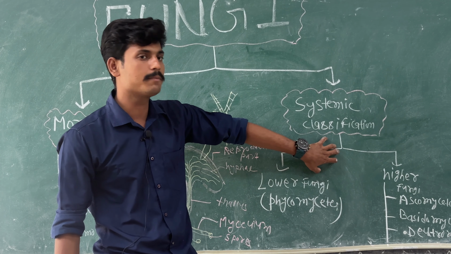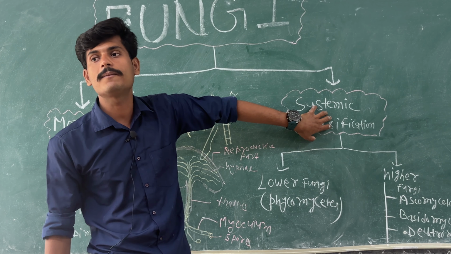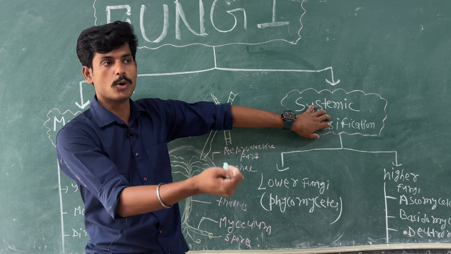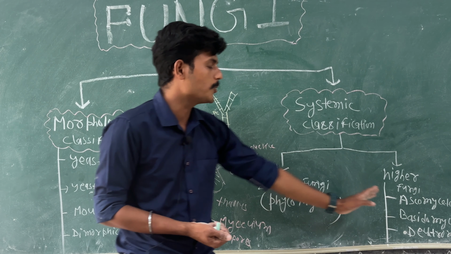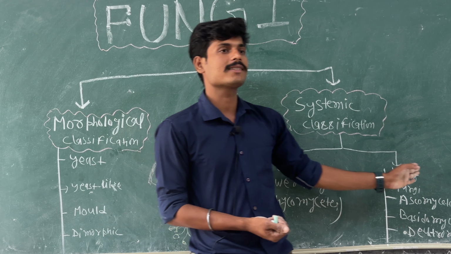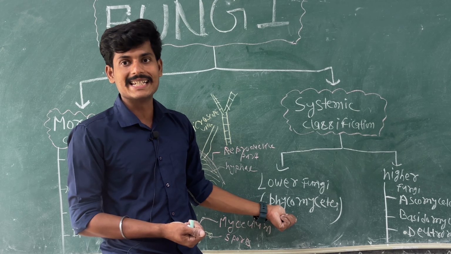Now, coming to the systemic classification. In this classification, we are dividing the fungi on the basis of their spore. On the basis of spore, the fungi are classified into two categories. One is called the lower fungi, another is called the higher fungi. In the lower fungi, the Phycomycetes class comes.